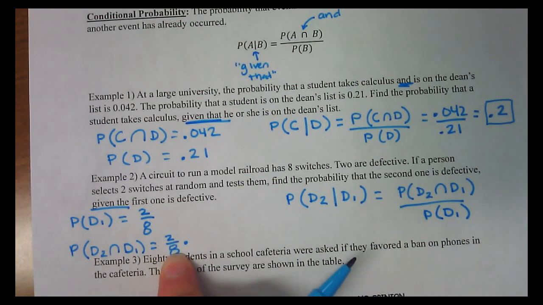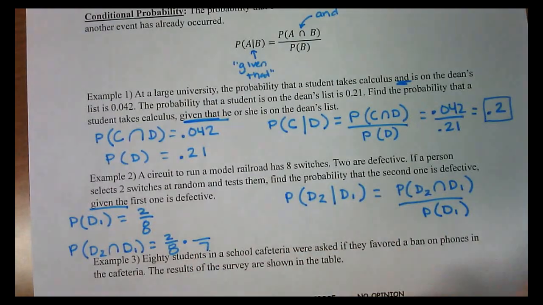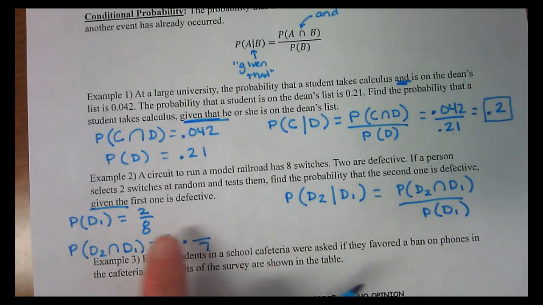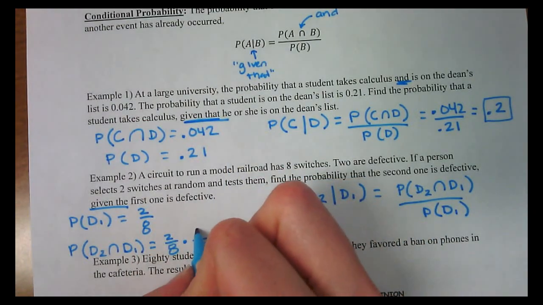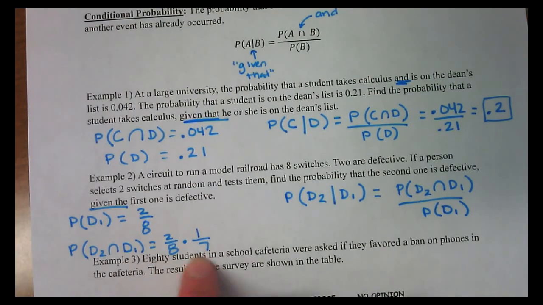If I had 8 batteries to start and I knew the chances were 2 out of 8, if I've already picked that one out, then I only have 7 batteries left. And if the first one's defective for sure, then there's only 1 chance the second one's defective. So I need to multiply these two things together.